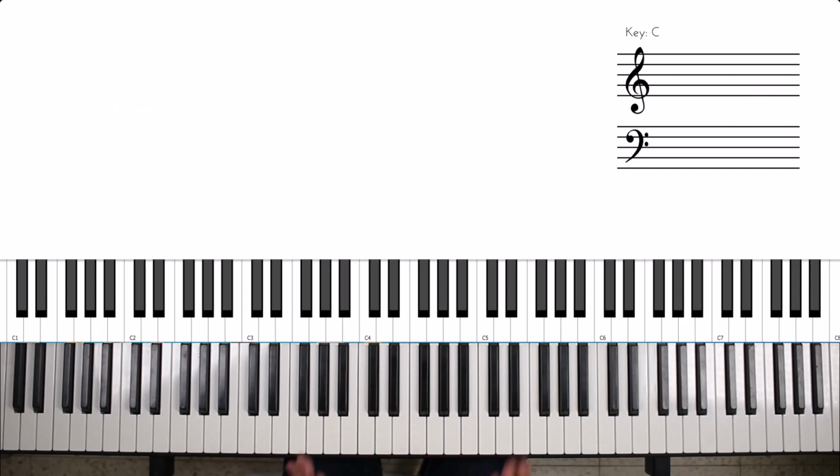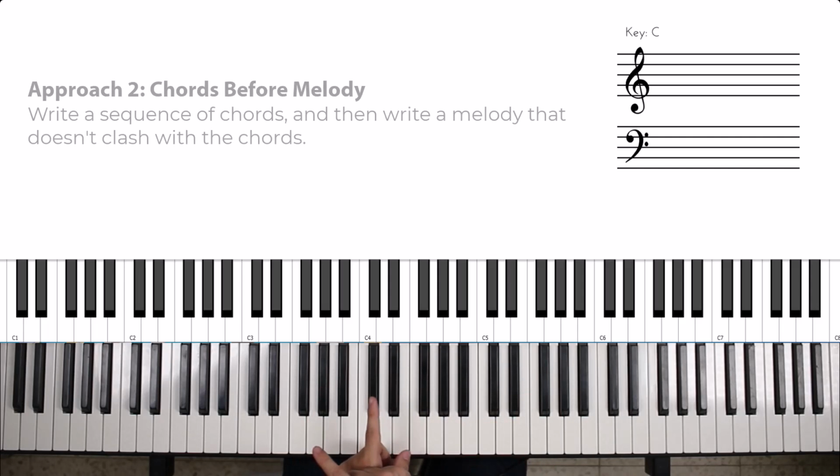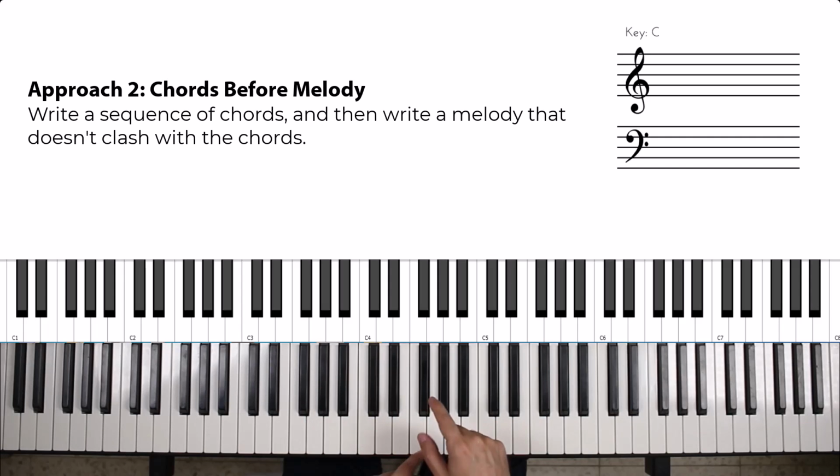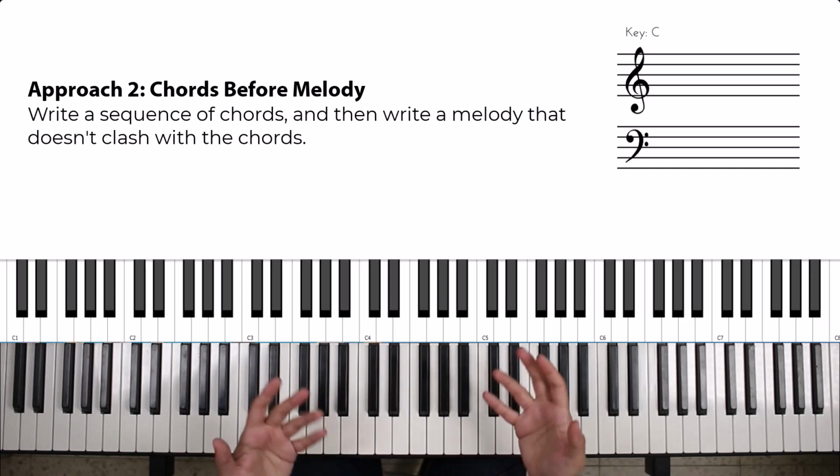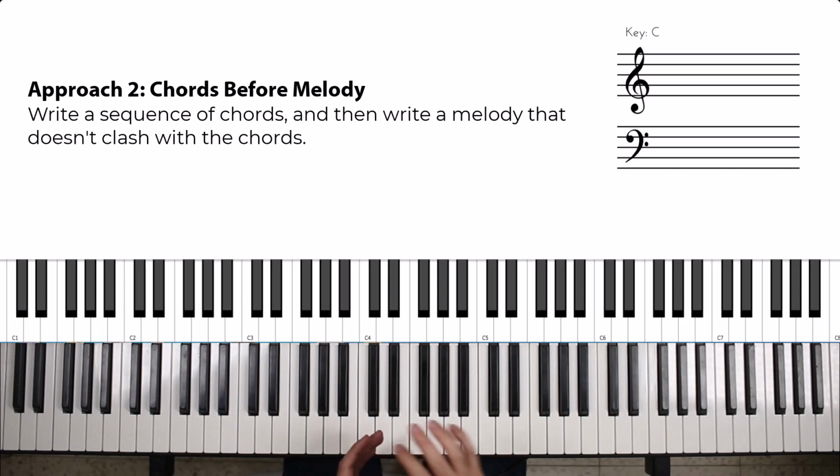Okay, now there's another way of writing scary melodies, and that is not writing the melody and then choosing the chords. It's actually doing the opposite. Choosing the succession, the progression of minor chords, and then writing the melody to match those chords.